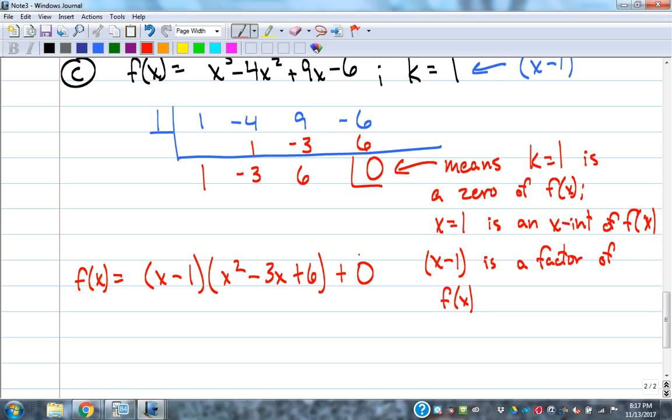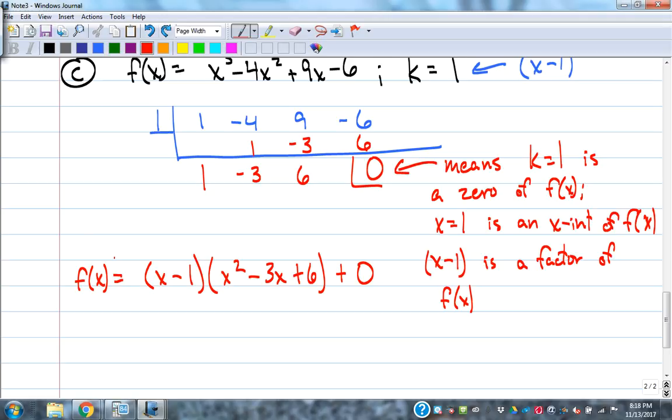So technically, you wouldn't have to write the plus 0. I'm writing it there because it doesn't change anything. It tells us a whole lot. X minus 1 came from the k equals 1. And then the x squared minus 3x plus 6 is the quotient from the synthetic division. We started with x cubed. It goes down 1. So that's why we start with x squared minus 3x plus 6 out of that.